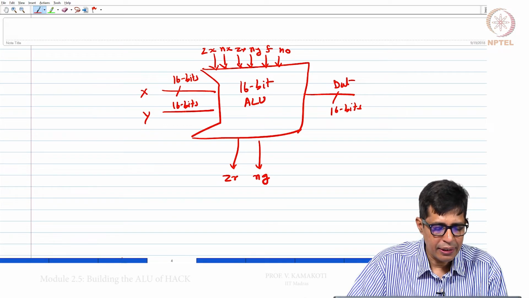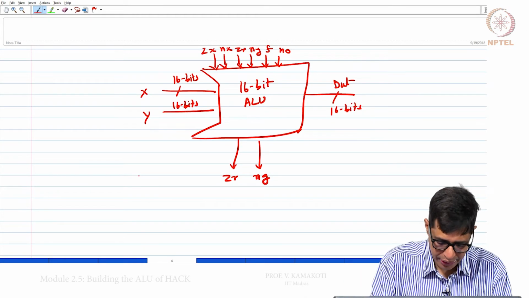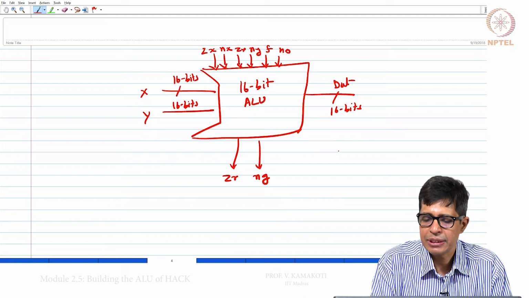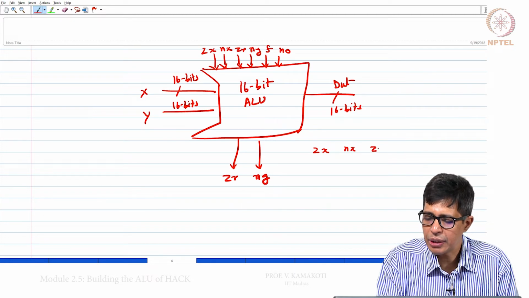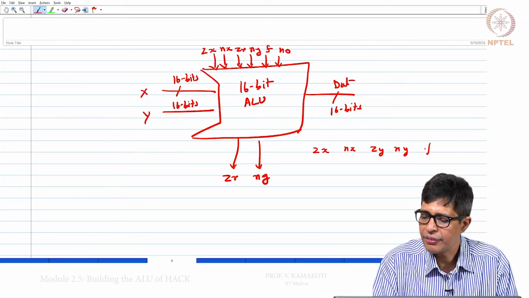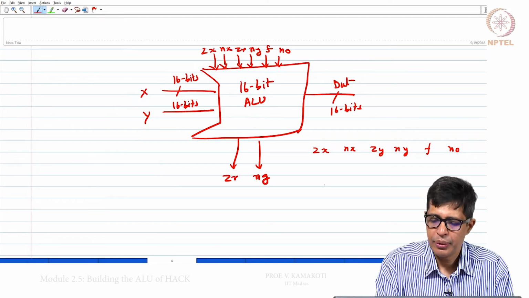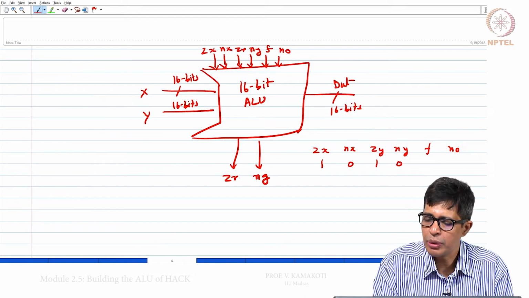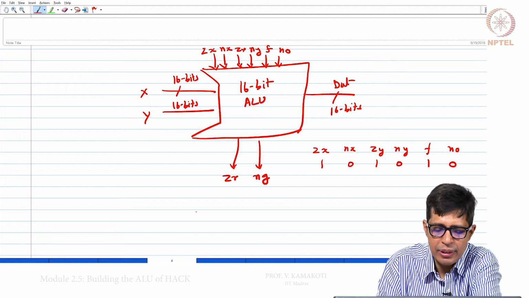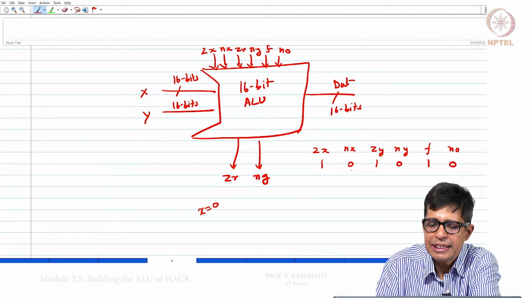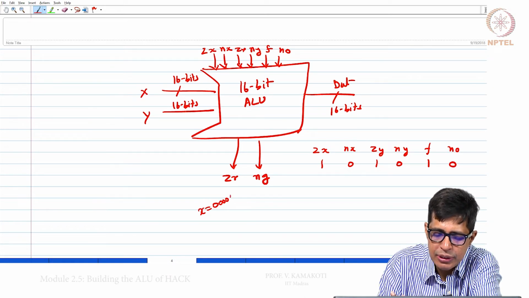Let us draw something like ZX, NX, ZY, NY, F, NO. Suppose I make it 1 0 1 0 1 0, what will be the output? Since ZX is 1, your x becomes 0, and NX is 0, so x does not get inverted; all the 16 bits are zeros.